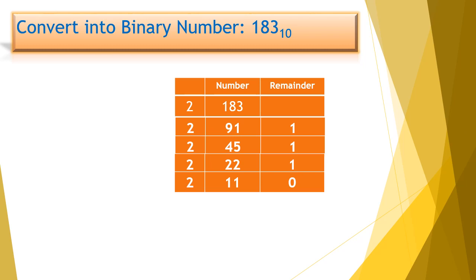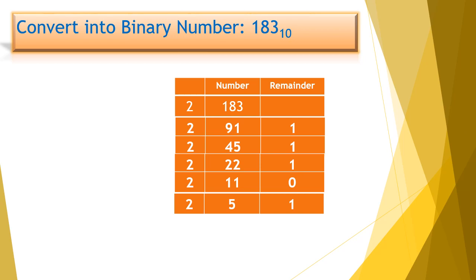The quotient is 11 and the remainder is 0. Again, we divide 11 by 2, and we get the quotient 5 and the remainder 1.